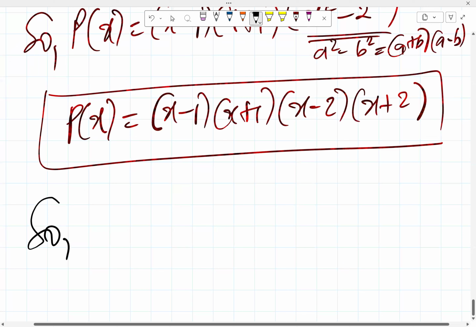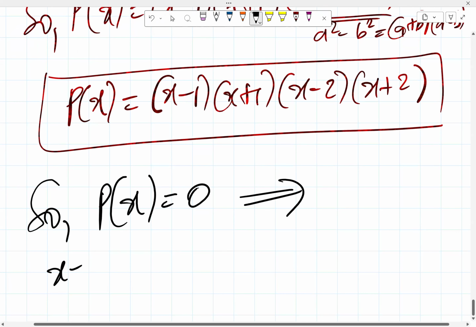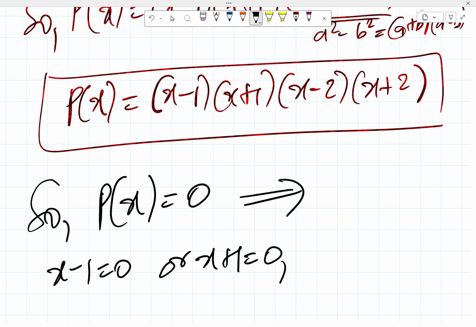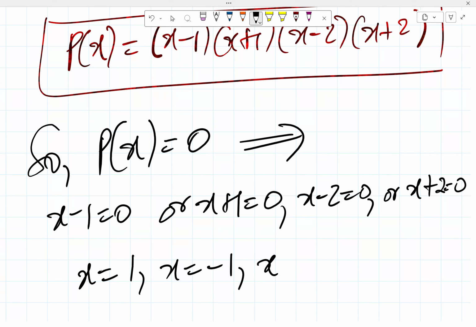So p of x equals 0 implies that we have x minus 1 equals 0, or x plus 1 equals 0, or x minus 2 equals 0, or x plus 2 equals 0. So that simply means that x equals 1, x equals minus 1, x equals 2, and x equals minus 2.